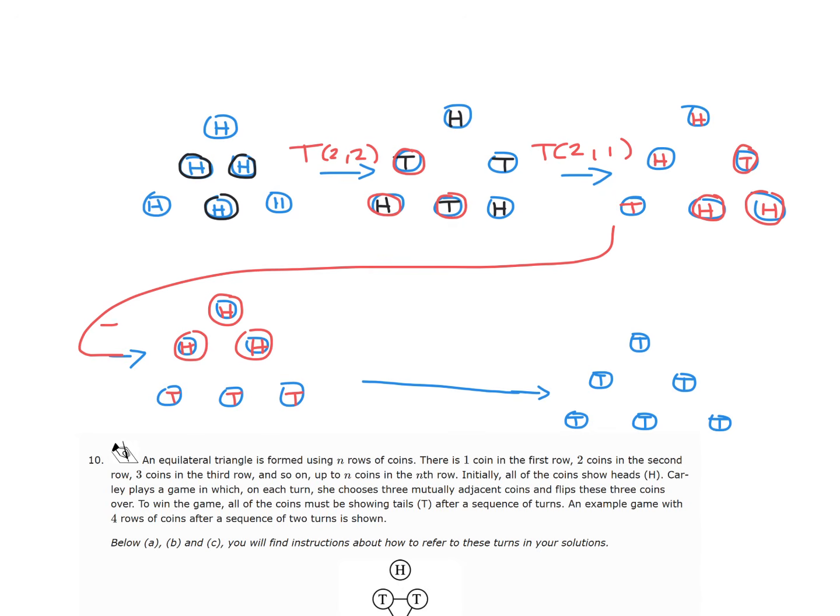The next move was T23. And then the final move was T11. Yeah. And I think there's other ways of doing it, but this is one of the ways, and it's perfectly sufficient.